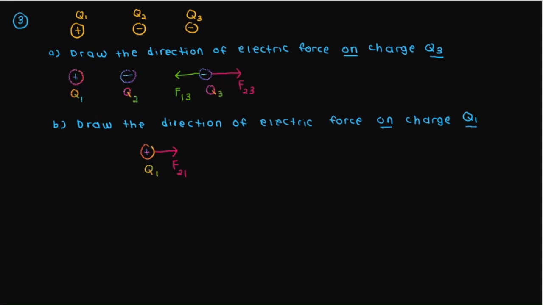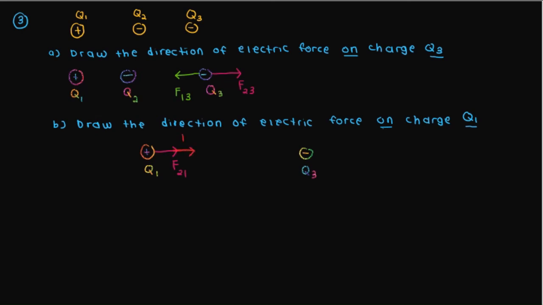Okay, so now the Q3 on 1, we rub out the Q2 first. Draw the Q3, the Q3 over here. Okay, the Q3 is negative and Q1 is positive, so it will produce the attractive force too. Attractive force means that it will move toward each other, and on charge Q1, it will move to Q3. The direction is to Q3. You just draw the direction and stop out here.